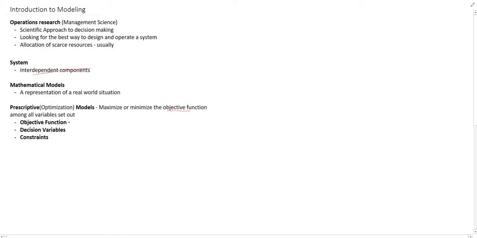Now we're going to look at the three aspects of a prescriptive or optimization model. First, we have the objective function, which is the model's need to either maximize or minimize a certain value.